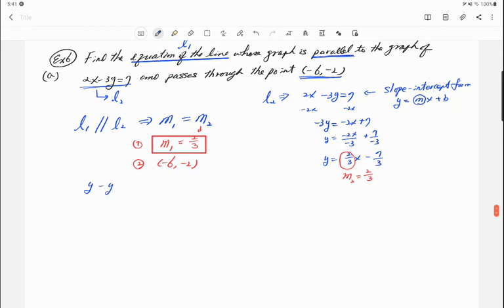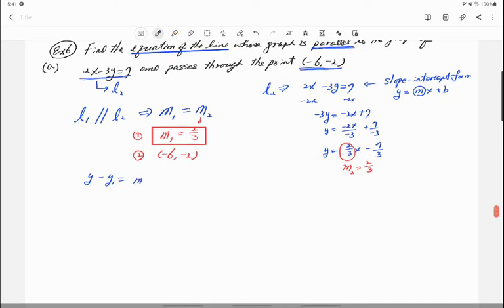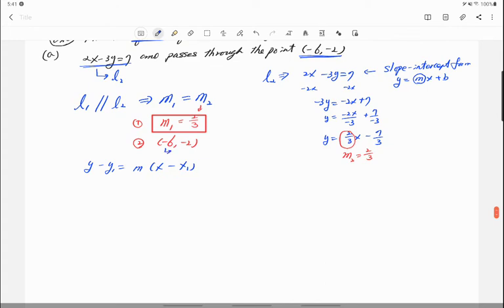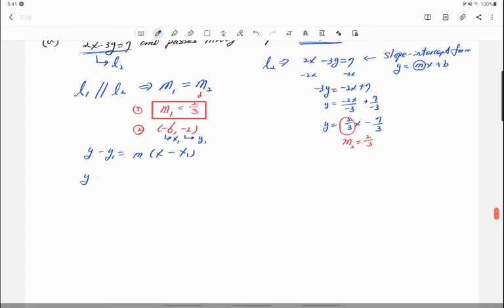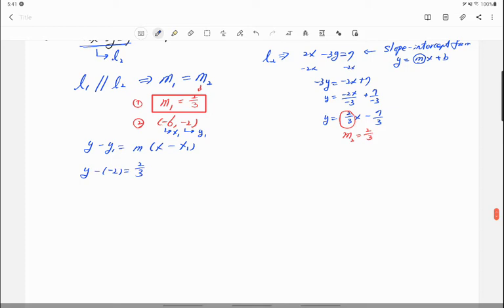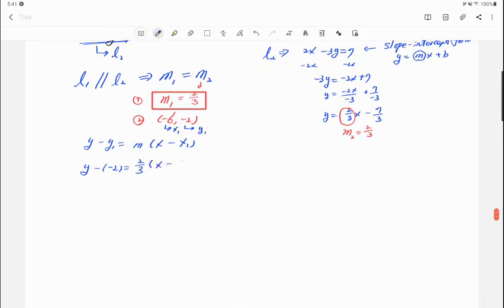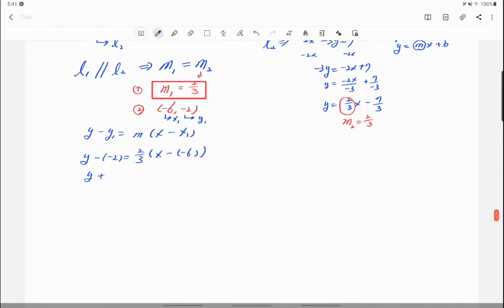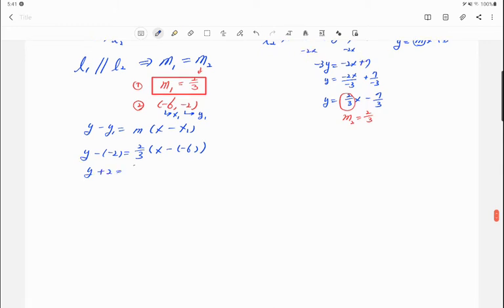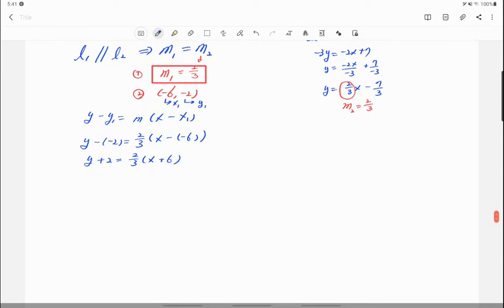Y minus y1 equals m times x minus x1. In this case, negative 6 will be used for x1 and negative 2 will be y1. So y minus y1 equals m, which is 2/3, times x minus x1, which is negative 6. Then simplify each side. So 2/3 x plus 6.